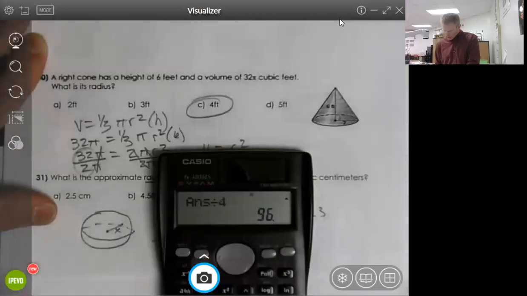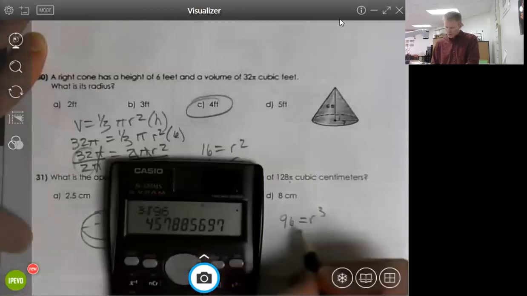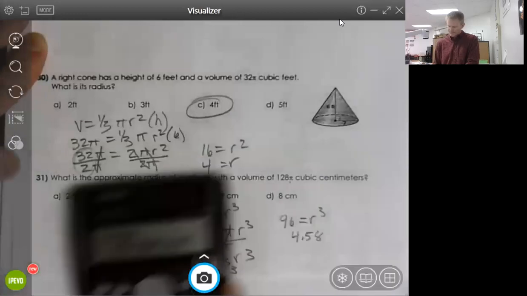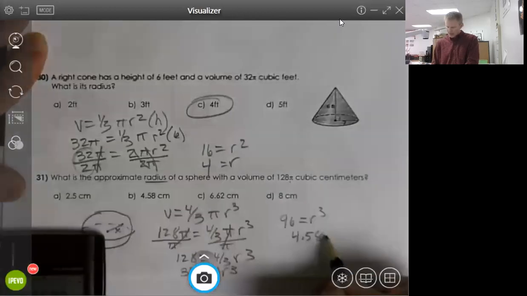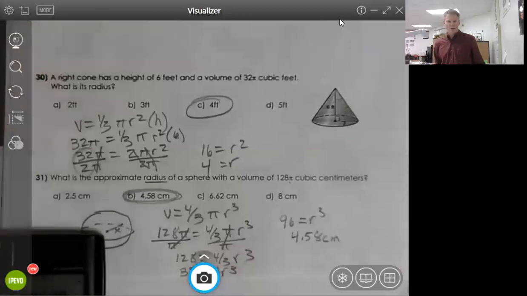So if we do the cube root of 96, we'll get our decimal of 4.58. And these are centimeters, 4.58. Notice it wasn't a guessing game. It wasn't a plug in and guess game. It was calculate it and pick your solution.